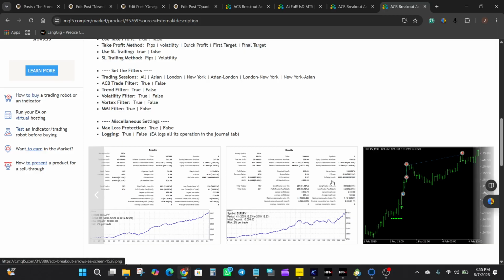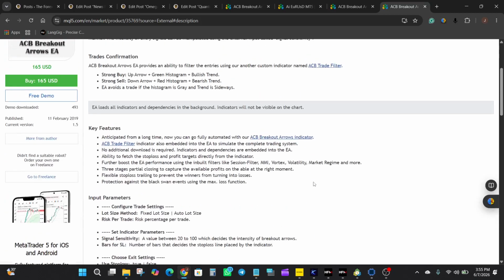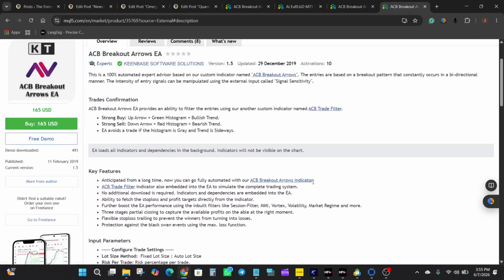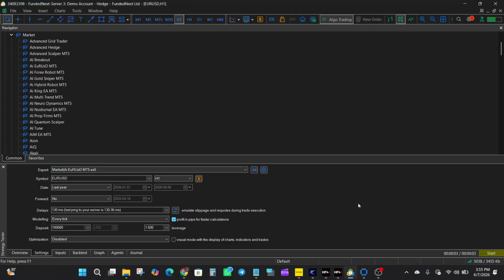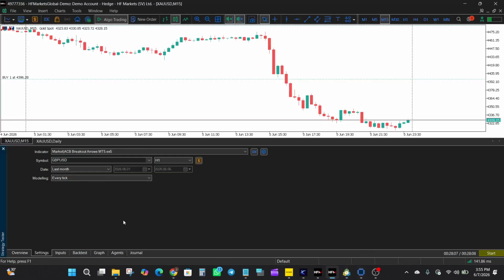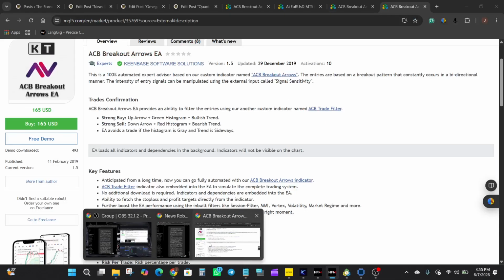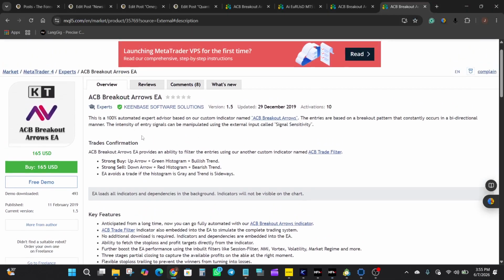All right, so let's also head back to the indicator, because now we are talking about both the indicator and the EA, although the EA is based on the indicator. So I'm going to get over to my MT5 strategy tester. All right, so I actually tested, in addition to the backtest results that we saw for the MT4 expert advisor, I also ran a backtest for the indicator on MT5.